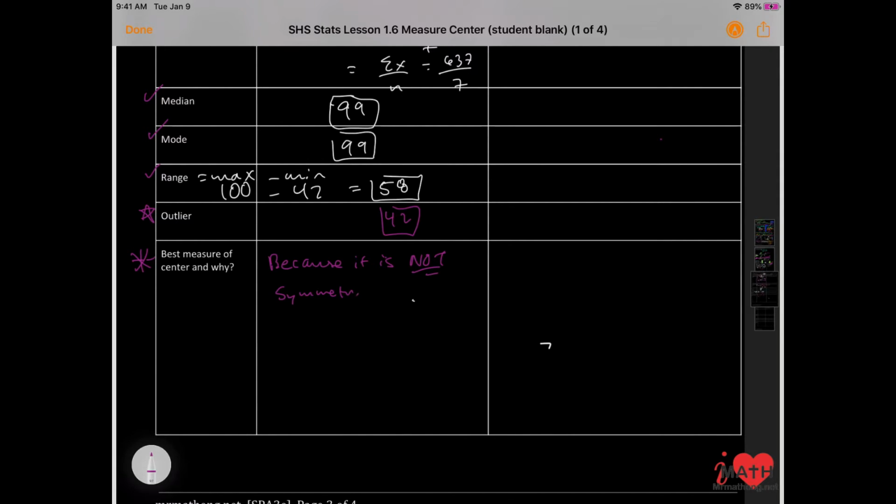Another word for not symmetrical? Skewed. We should use the median. Why? It's more resistant. It's not going to be pulled.